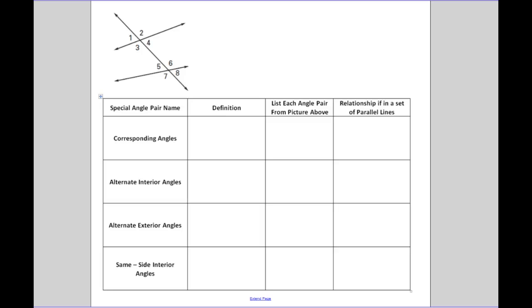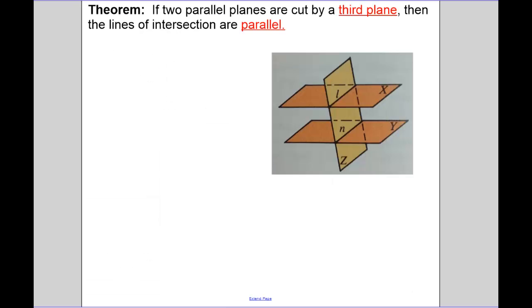Now this top of the second page starts with this theorem. Okay, so we have a theorem that says if two parallel planes are cut by a third plane, so plane X and plane Y are parallel, then their lines of intersection are parallel.